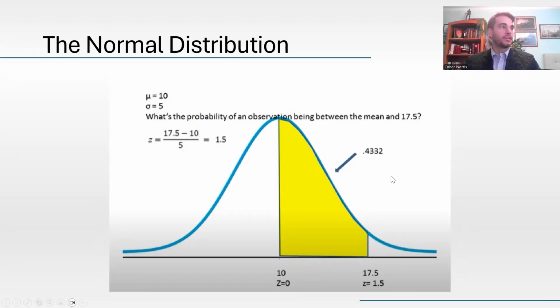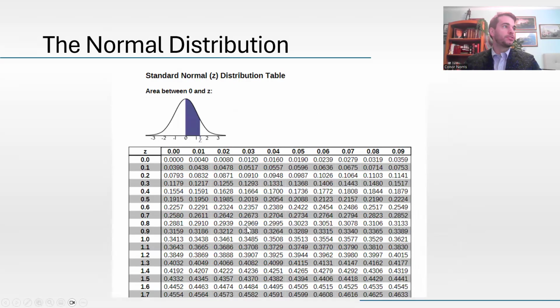So let's look at the Z table. I have a little piece of one cut out here. So we're looking between 0, the mean, and the z-score here of 1.5. So we can use this table, starting at the z-score of 0, and then going to the z-score of 1.5 down here.